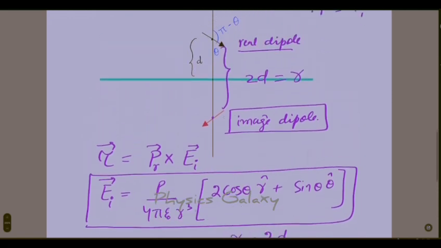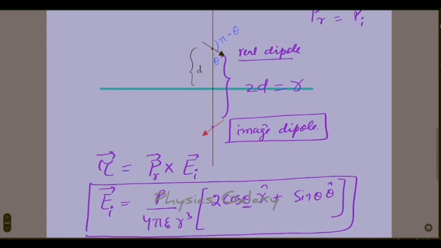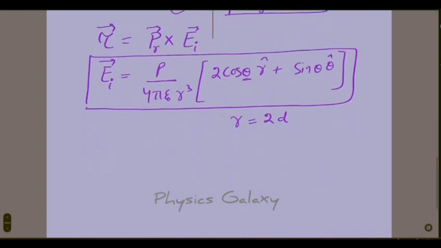And what is theta? Theta here will be this angle, which is actually pi minus theta. So we have to substitute not theta, but pi minus theta.